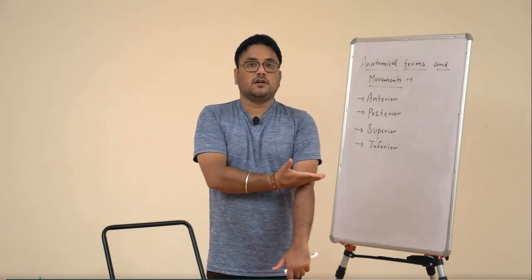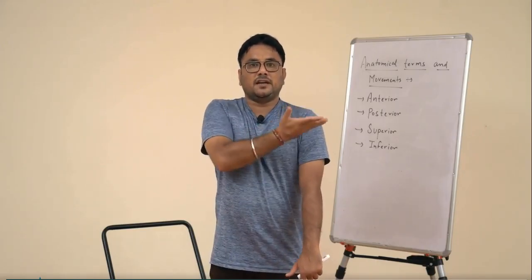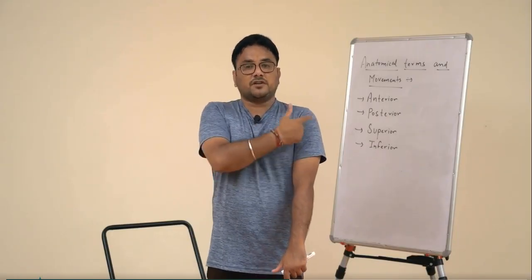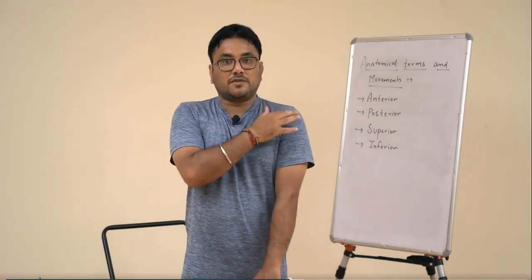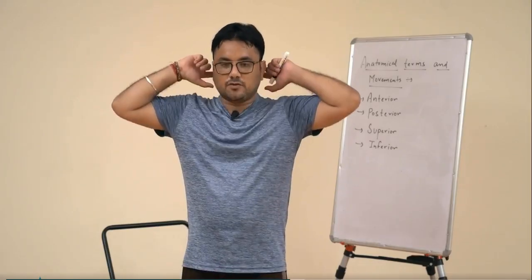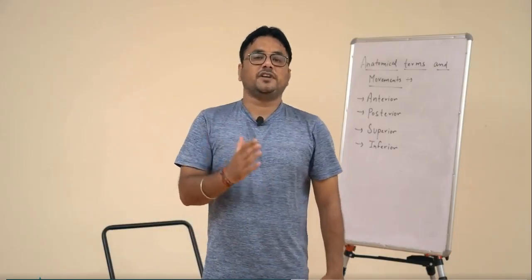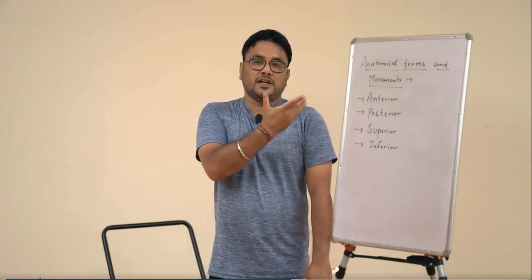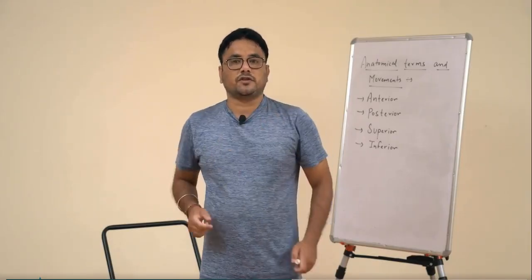And this one? Elbow. So shoulder is superior to elbow, or we can say elbow is inferior in relation to shoulder. Shoulder comes first from the upper part of the body. There are some other joints too, but in simple terms we are taking the shoulder. Shoulder is superior in relation to elbow, and elbow is inferior in relation to shoulder.